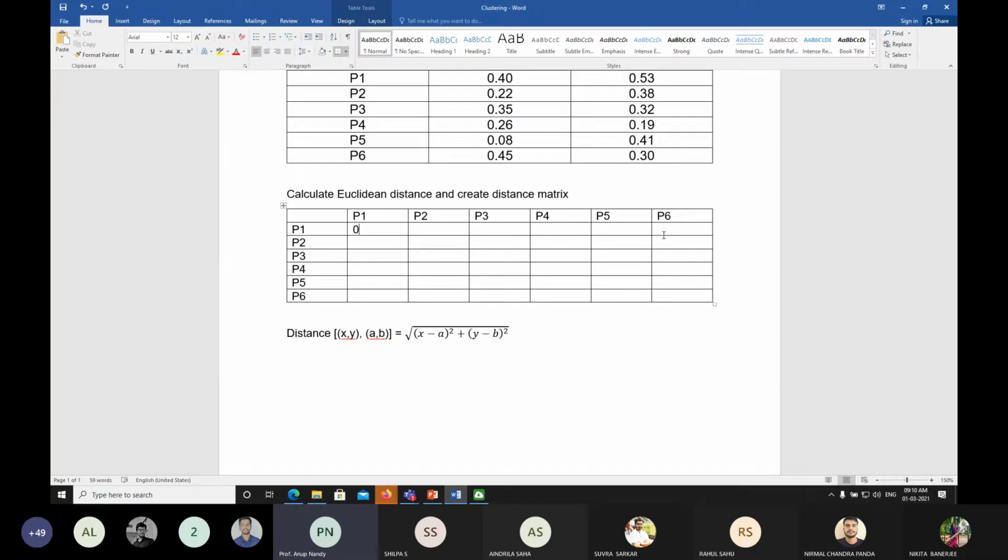Now first you have to compute the distance of p1, p2. If you compute it, what are you going to get? What should I write? Can anyone tell me?